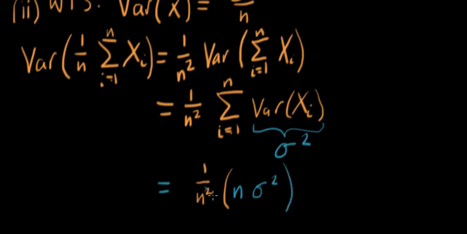Oh, we get cancellation there, so we are just left with sigma squared over n.